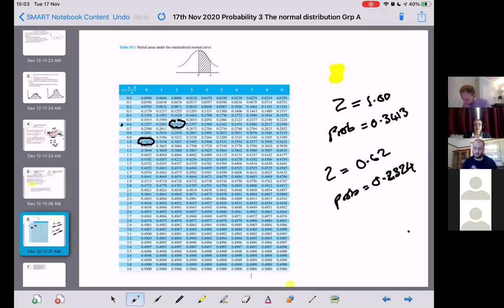So that's not particularly difficult. That's a lot easier than using that formula, let me tell you. Okay? You're all fairly happy with that. No dissenting voices.